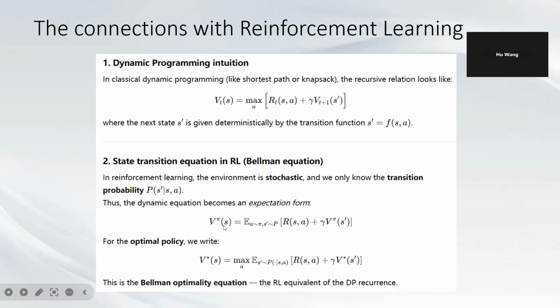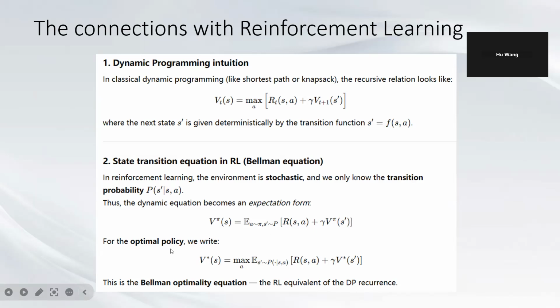So the current state value ensures how good the current state is for a certain policy pi. It is the expectation over actions A that has been marginalized, and the next state S is also sampled from the future state, V pi of S prime, by adding this reward.